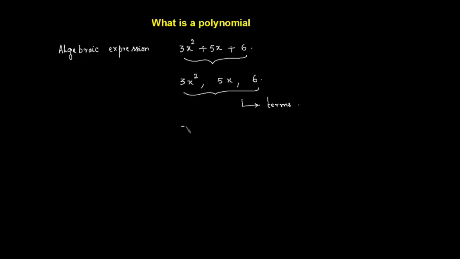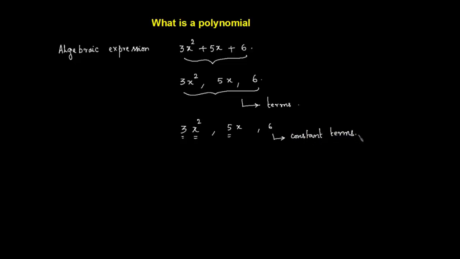And if you consider 3x square, you can see that x square has been multiplied with the number 3, and this 3 is called as the coefficient of x square. Now if you take 5x, you can see that 5 is the coefficient of x, and if you take 6, it is nothing but the constant term.